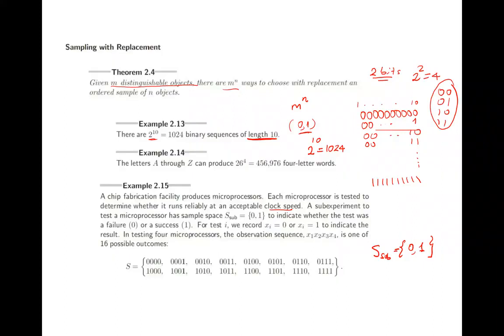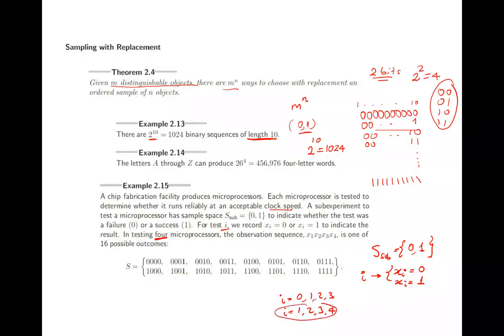So suppose that we test such microprocessors in order. For any ith test, the outcome is xi. So it could be either 0 or 1. Now, let's take 4 microprocessors. So i could be 0, 1, 2, and 3, or i could be 1, 2, 3, and 4.